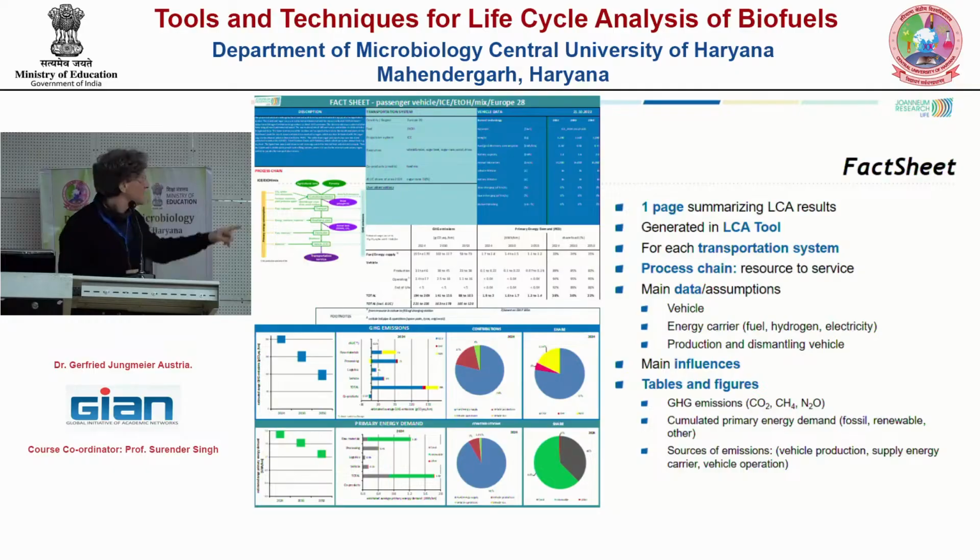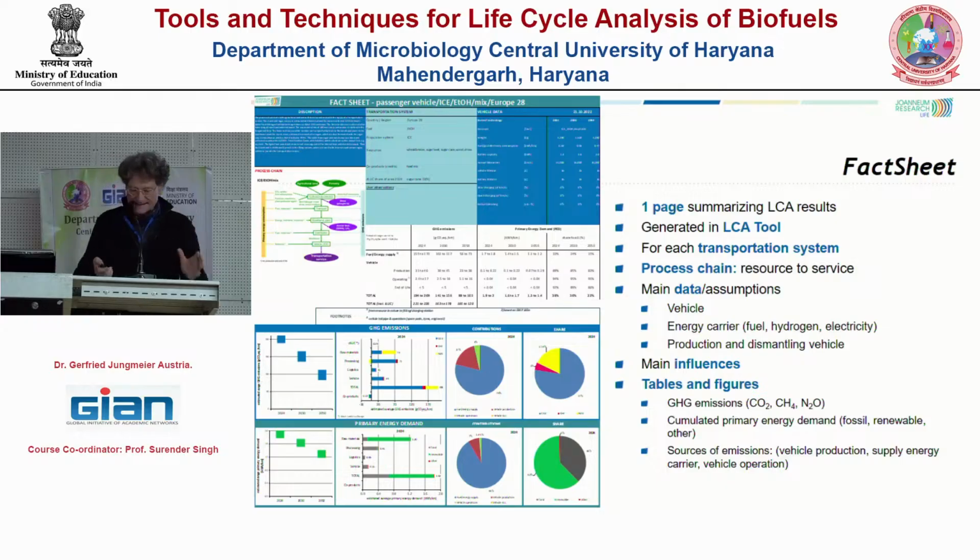So this data must be here, saying I need so many liters per kilometer for the vehicle I have considered. But it's also relevant what the size of the vehicle is, or the size of the battery, at least to identify the key and main influences. And finally, of course, the more graphs and pictures telling you the results, the easier it is to get a quick overview.